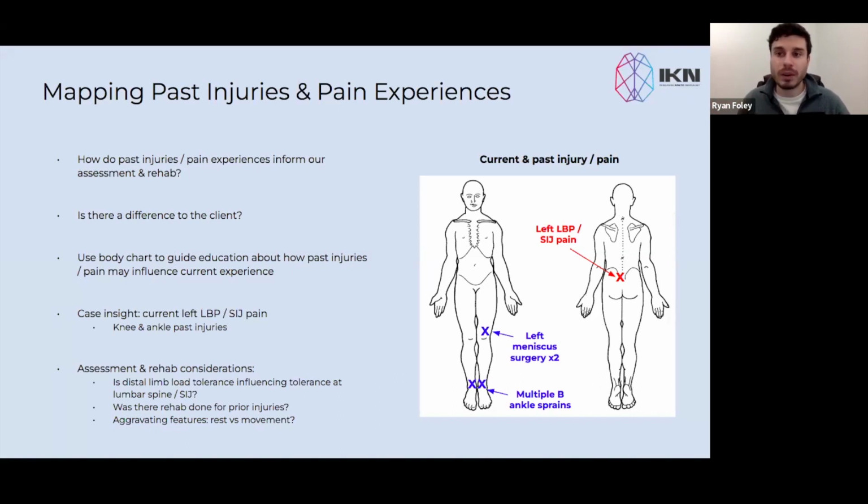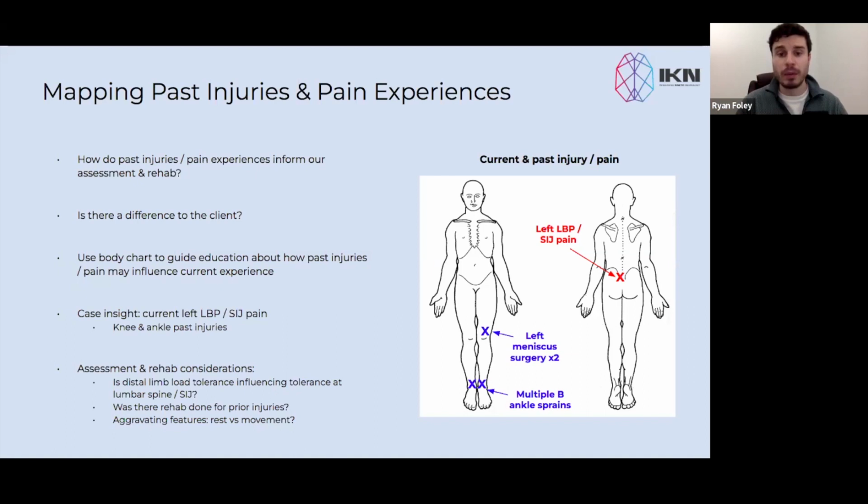That strengthens this idea that perhaps the lower limb is struggling to handle those forces, and that's influencing the pain experience at the lumbar spine. So it helps us have this conversation with the client as to the importance of directing our focus to the lower limb. It doesn't mean we forget about the lumbar spine, but it changes our focus of attention. But we're making things individualized for them in order to have an influence over their current pain experience.